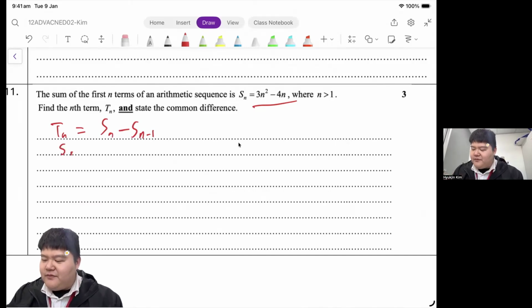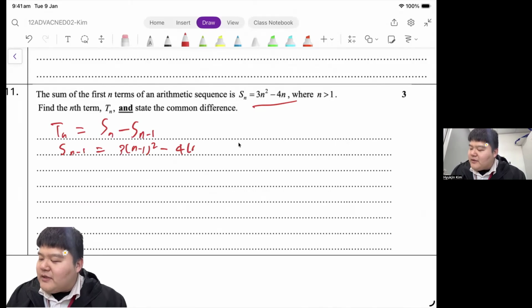So now I have the sum of 3n minus 1 squared minus 4 bracket n minus 1.